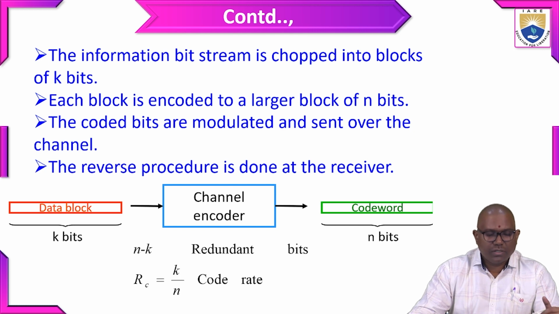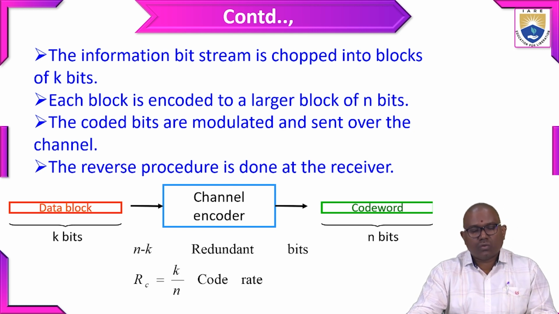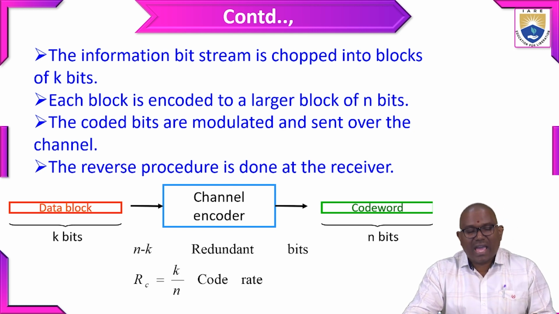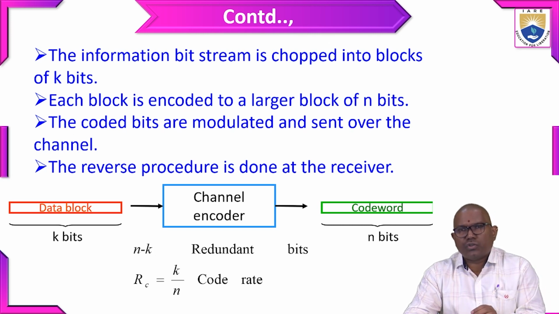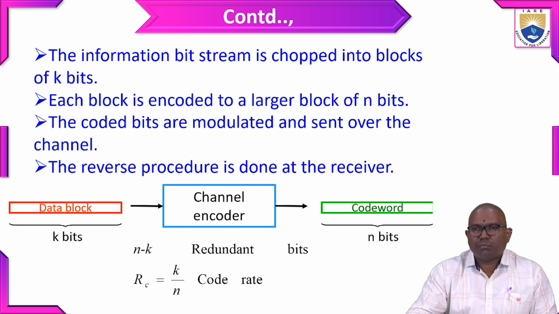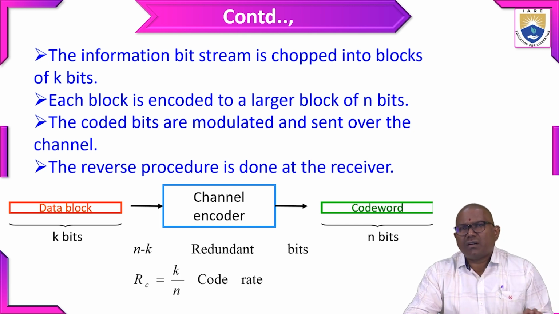So what is the duty of the channel encoder? It accepts k message bits and produces n bits, that is, the n-bit code word.